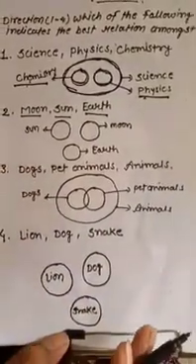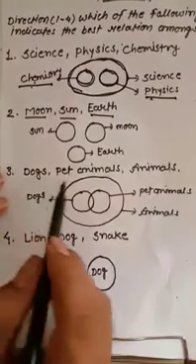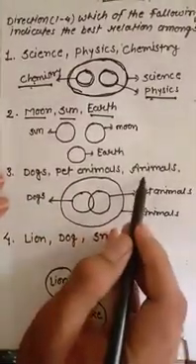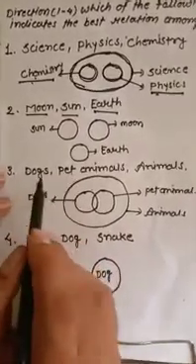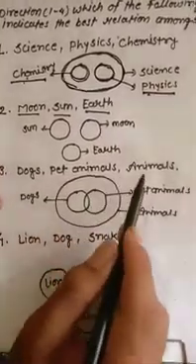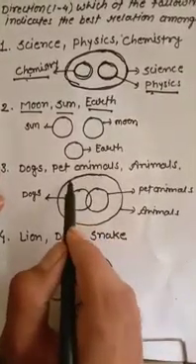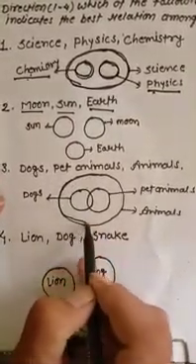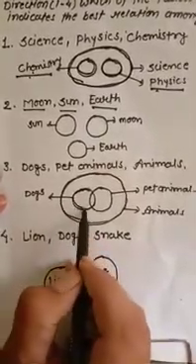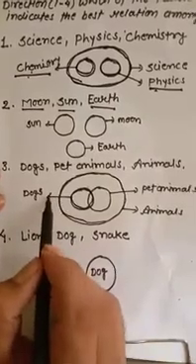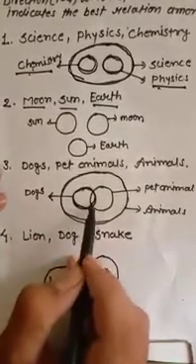Now come to the next question, question number three: dogs, pet animals, and animals. Again, if we represent these three things, we will use this kind of Venn diagram. Why? We'll explain it. First of all, this small circle represents the whole class of dogs, that means the whole species related to all the dogs.